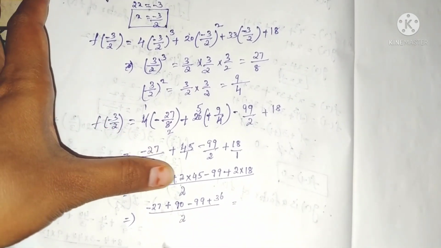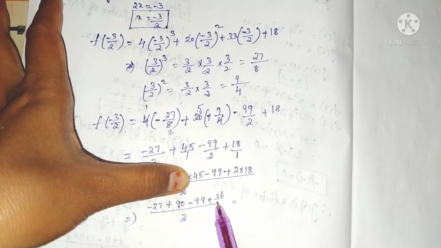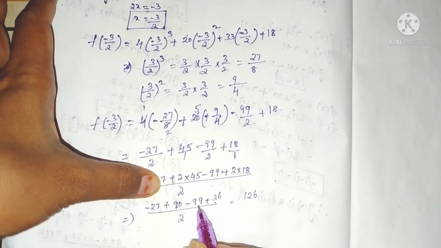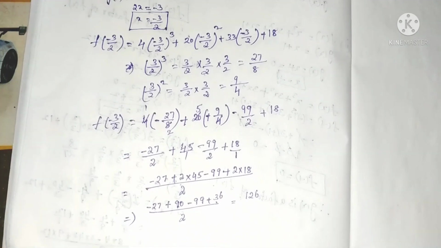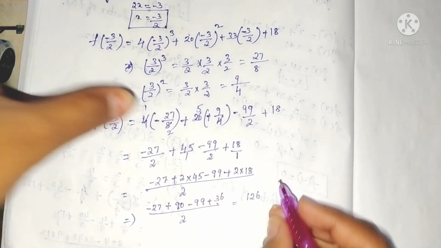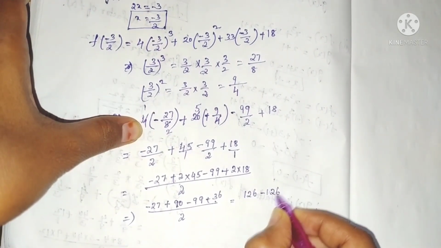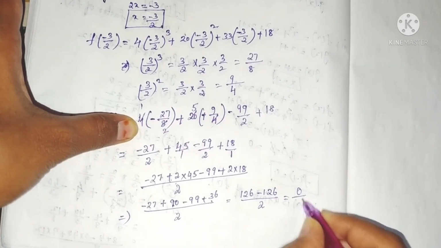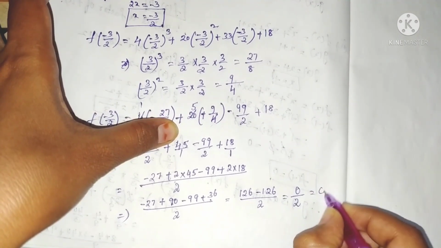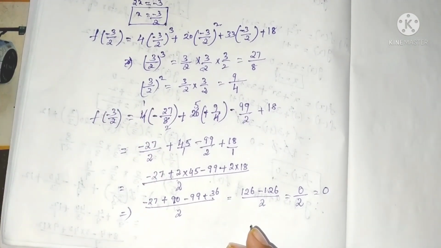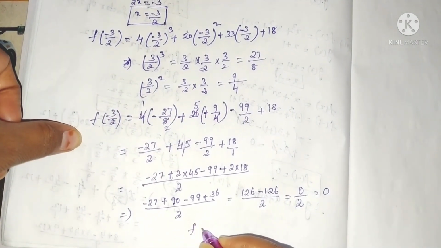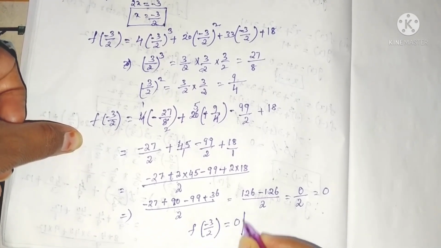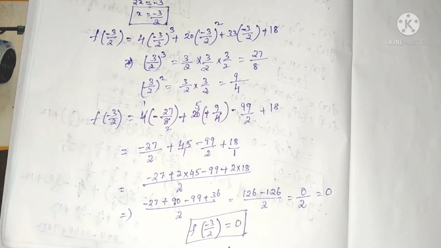Now add all positive numbers. 90 plus 36, that is 126, and 99 plus 27, this is also 126, minus 126. So 126 minus 126, 0 by 2, that will be 0. So f of minus 3 by 2 value is 0.